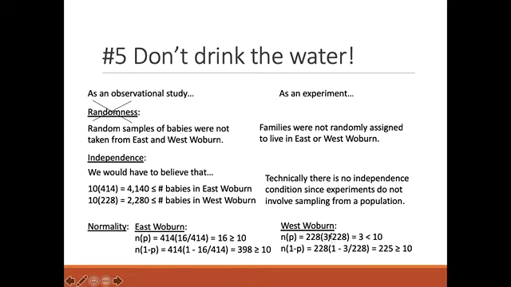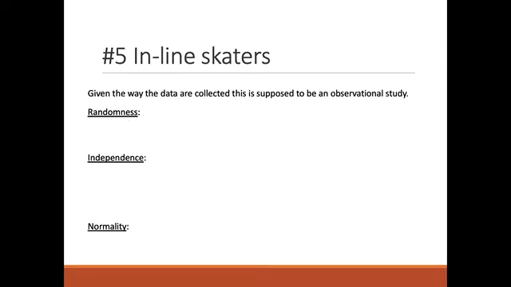So we only had 3 out of 228, and 3 is certainly less than 10. So the normality condition is not met on the west side of Woburn. So you could say that this question fails because of the randomness condition. You could also say that this question fails because of the normality condition.